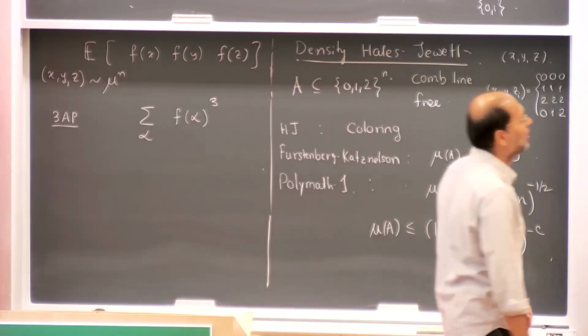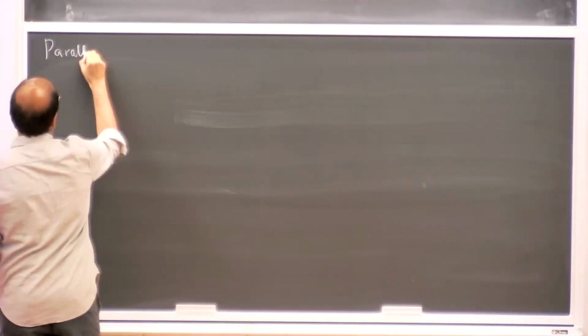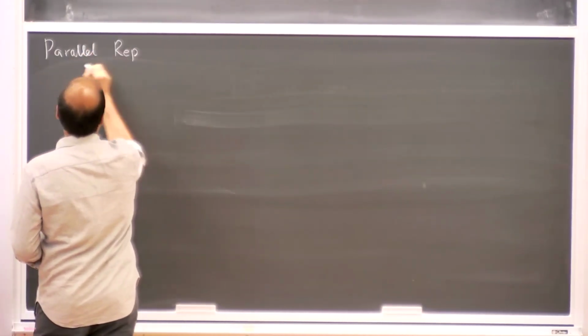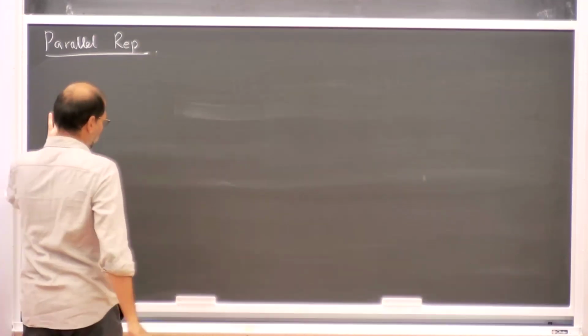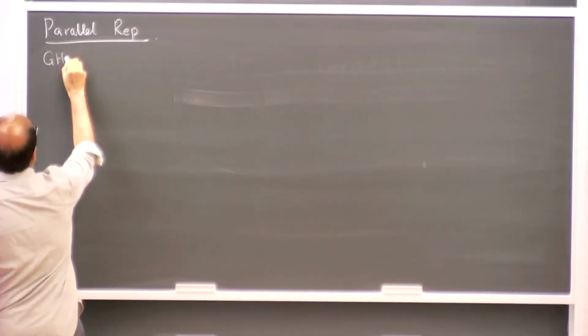So the next application is to parallel repetition. I will describe a game called the GHZ game. It's a game between 3 players A, B, C, and there is a verifier V. The verifier sends questions to the players, called the questions X, Y, Z. These are bits, such that X plus Y plus Z is 0 mod 2.